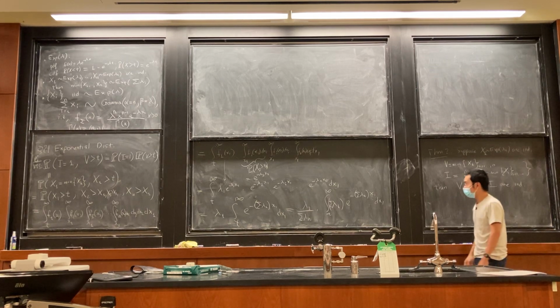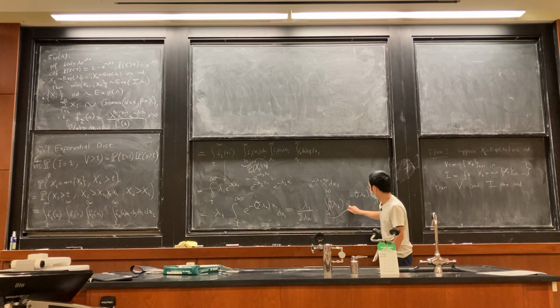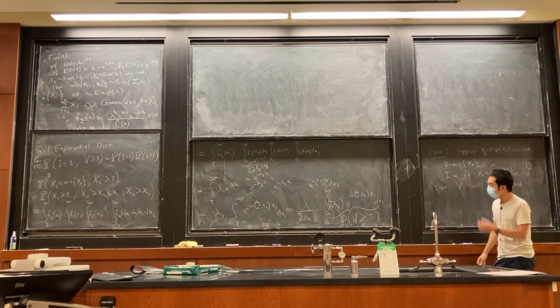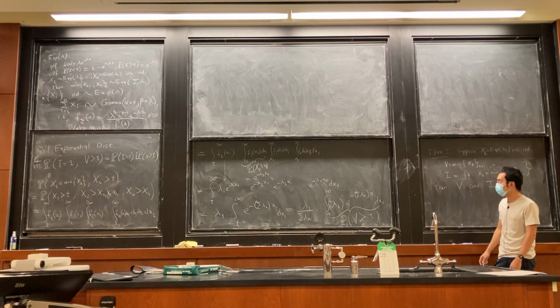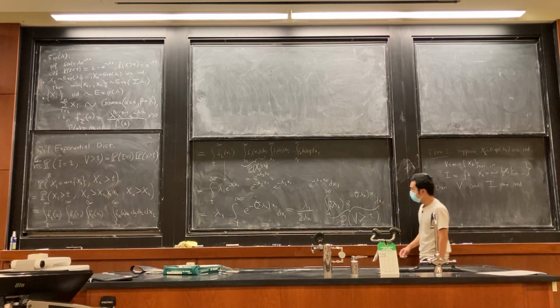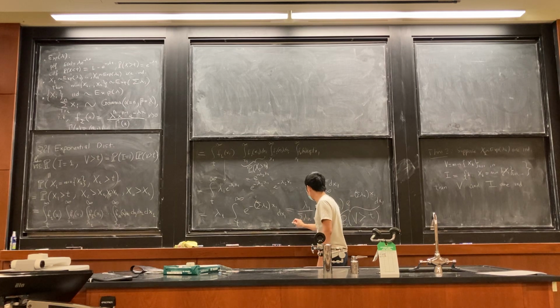So that is what we recognize. It is the probability of the minimum greater than t. And the other one is just the probability of the minimum being X1. So pretty much this here is the probability of I being 1.